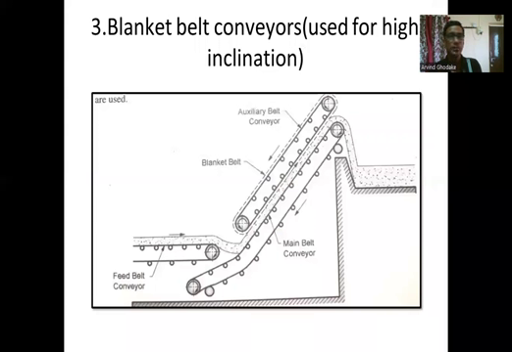Next one is the blanket belt conveyor used for high inclination. This is the diagrammatic representation of the blanket belt conveyor. You can see the feed belt conveyor, blanket belt conveyor, and main belt conveyor. So the third type is the blanket belt conveyor used for high inclination.